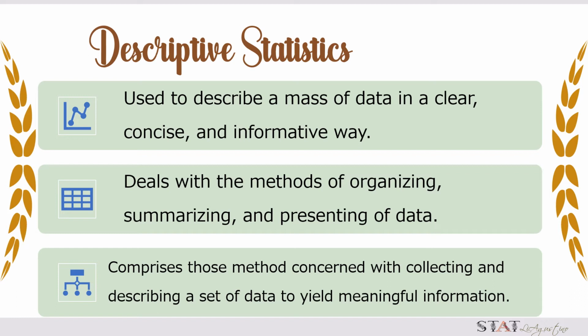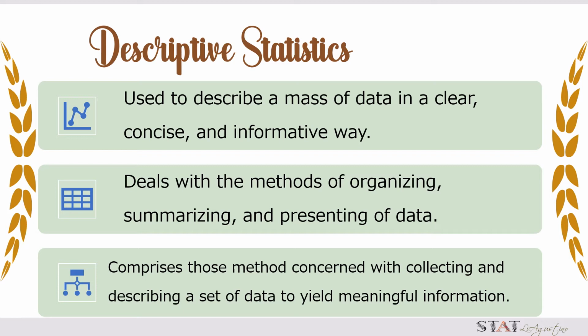This is just information that you have described, or it deals with the methods of organizing, summarizing, and presenting of data. And it comprises those methods concerned with collecting and describing a set of data to yield meaningful information. From the word itself, descriptive statistics, all you do is just describe.